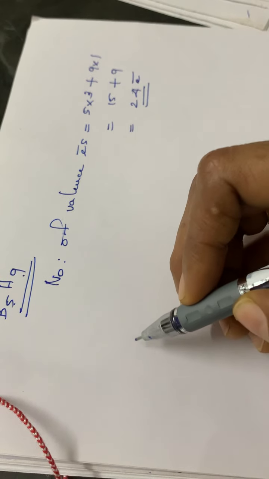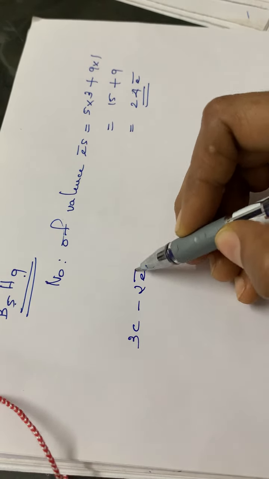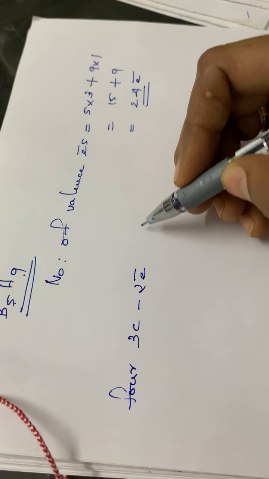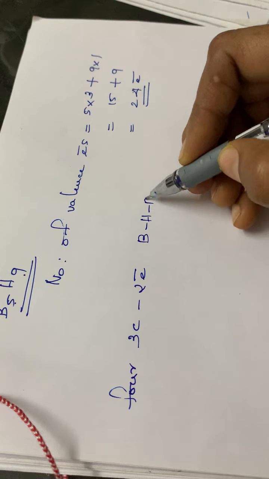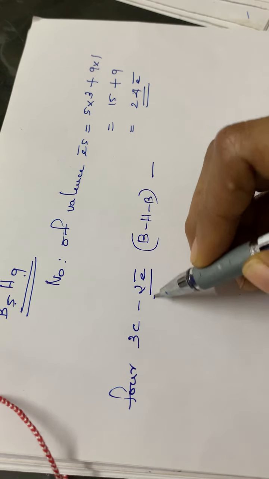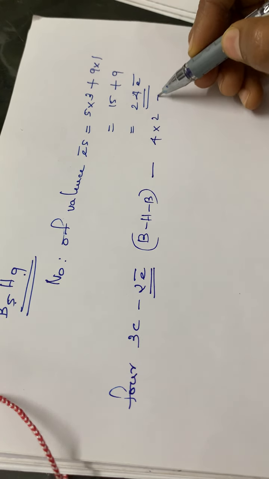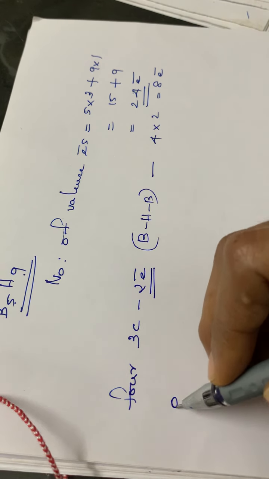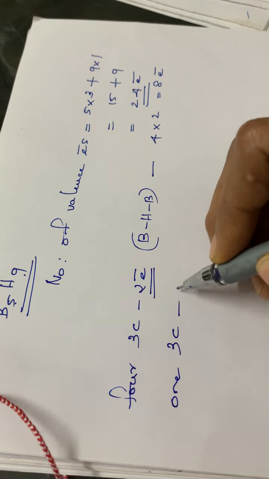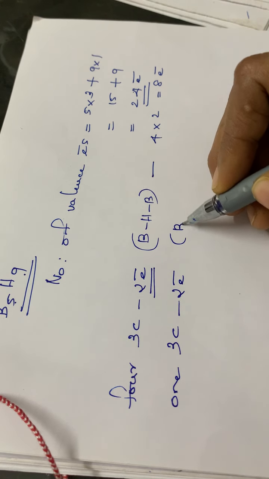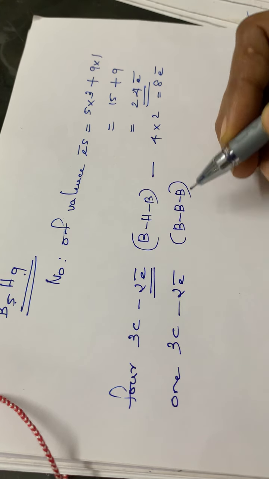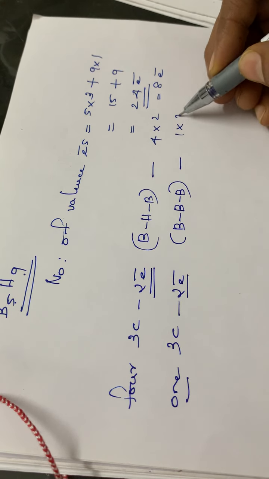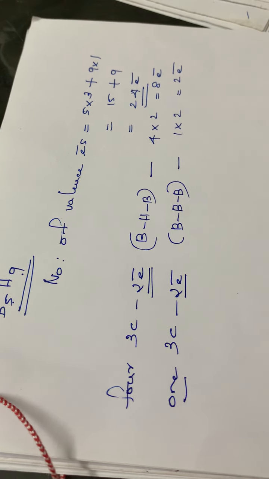That is 3 center 2 electron bonds, it will be having 4. Okay. 4 3 center 2 electron bonds, that is 4 BHB bonds. So that means it will be having 4 into 2, that is equal to 8 electrons. Then 1 3 center 2 electron bond, that is BBB bond, that is equal to 1 into 2, that is equal to 2 electrons.